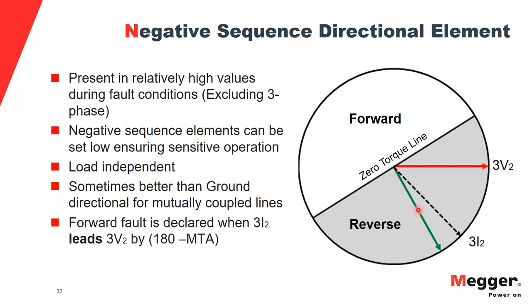So it's just the reverse of your system rotation. So the forward fault is declared in this case when my negative sequence current actually leads my negative sequence voltage by 180 minus the maximum torque angle. 180 is nothing but this is when you have plus minus 90-degree blinders. So that's what it is. 90 plus 90, 180 minus the maximum torque angle. If it's leading by this angle, then I can declare that as a forward fault.